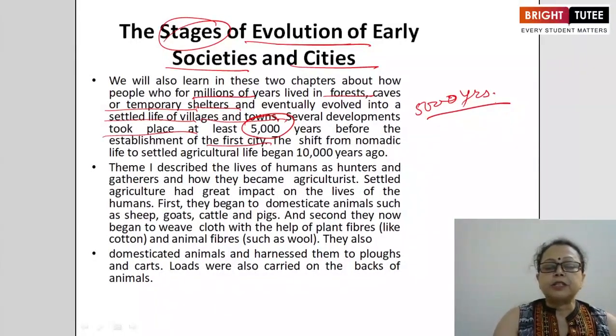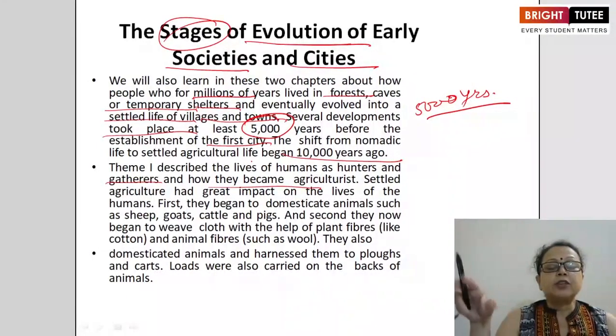The first city was developed 5,000 years back. Then the shift from nomadic life to settled agricultural life began 10,000 years ago. Theme 1 described the lives of humans as hunters and gatherers and how they became agriculturalists. Life started on the earth in the form of hunters and gatherers.